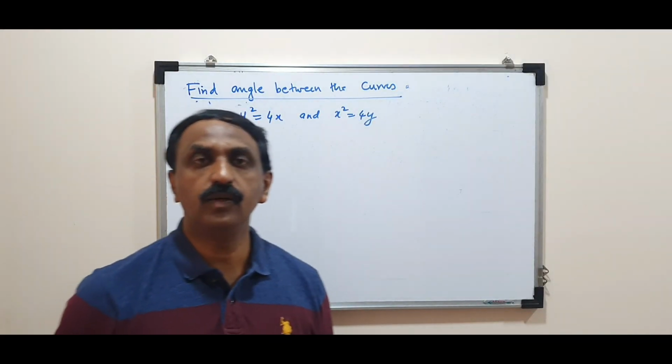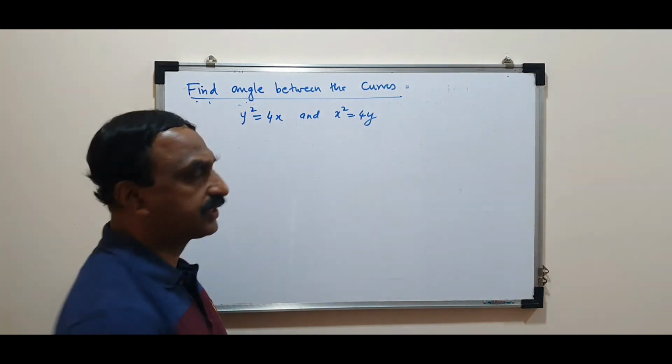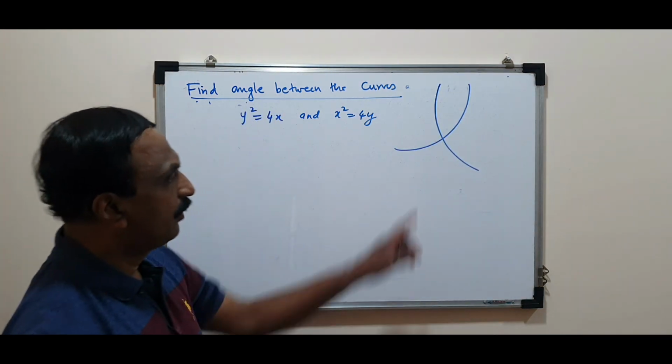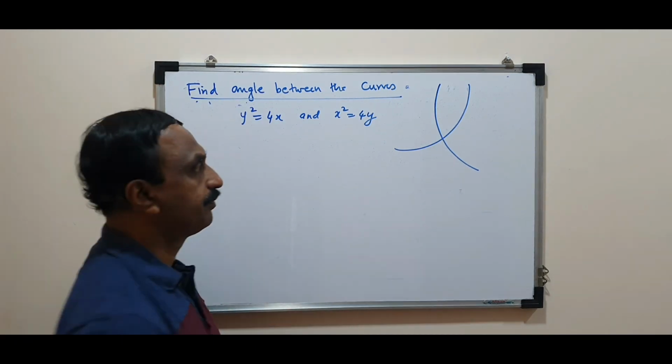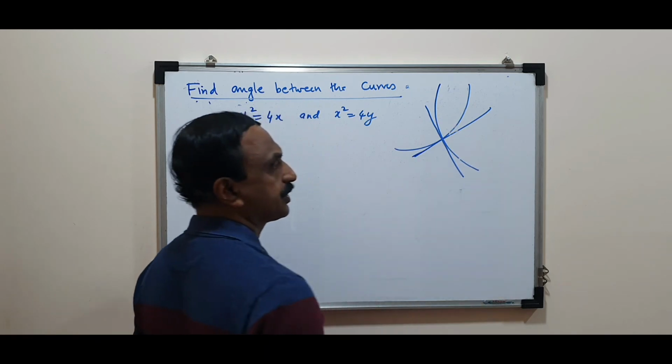Now we shall discuss what is the angle between the curves. Angle between the curves is nothing but, imagine there are two curves. First we will take their point of intersection. We will draw the tangents to both the curves at their point of intersection.